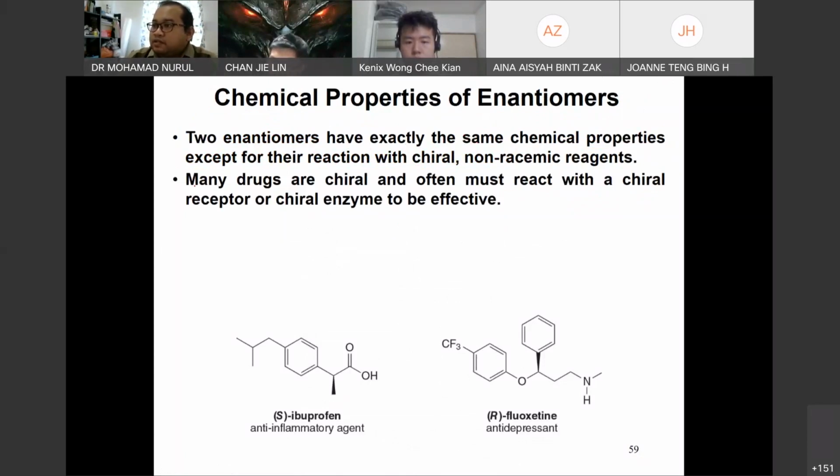Many drugs are chiral and often must react with chiral receptors, and chiral enzymes to be specific.